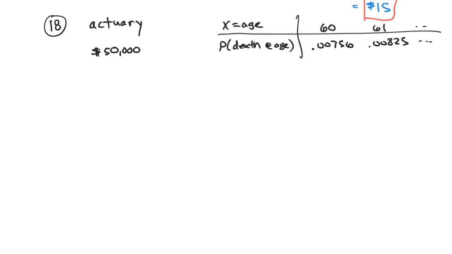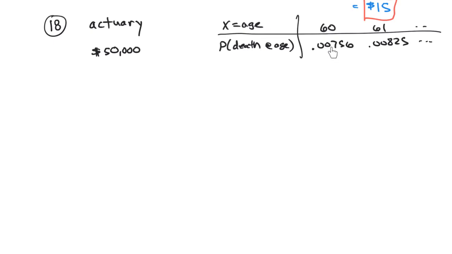So she's going to pay the insurance company less than this, of course, less than $50,000 for this policy. From the insurance company's perspective, they need to figure out how much they should charge her based on the probability of death and based on this $50,000 policy that if she dies, they're going to have to pay out.